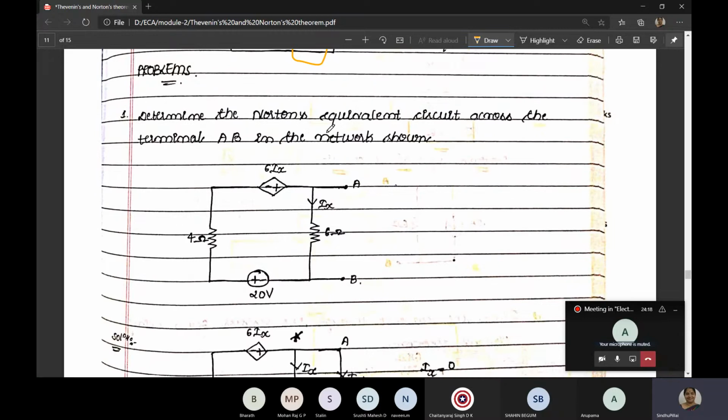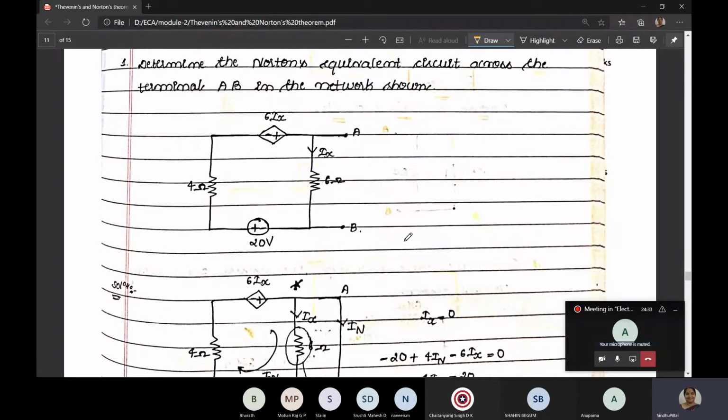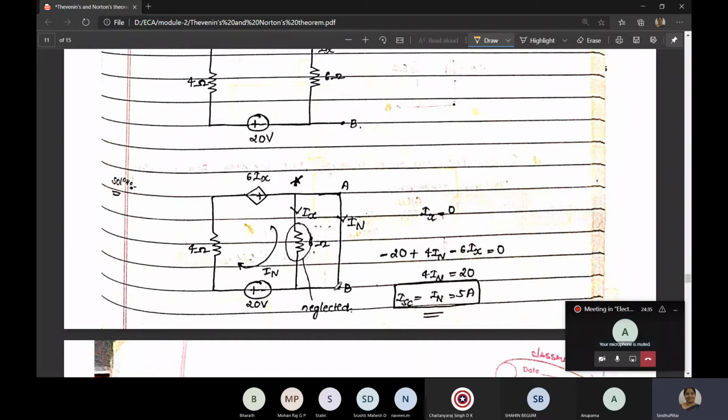Determine the Norton's equivalent circuit across the terminal AB in the network shown. Norton's equivalent means the load terminal should be shorted, so we have shorted the load terminal.